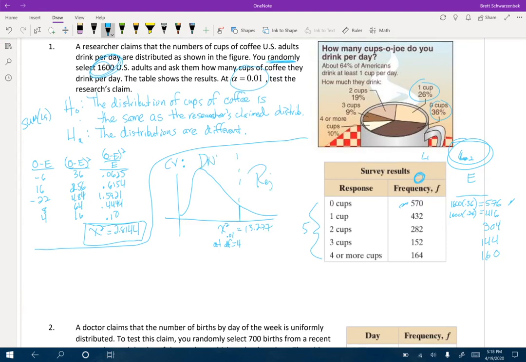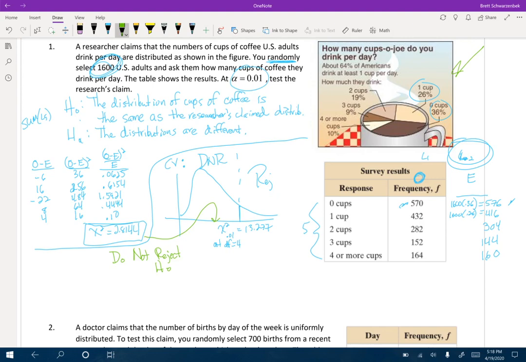We would take our test statistic and find where it goes. It would go someplace over here, therefore we wouldn't reject H naught. If we don't reject H naught, that means the researcher's claim is accurate, in that it's the same as the actual distribution that we came up with.